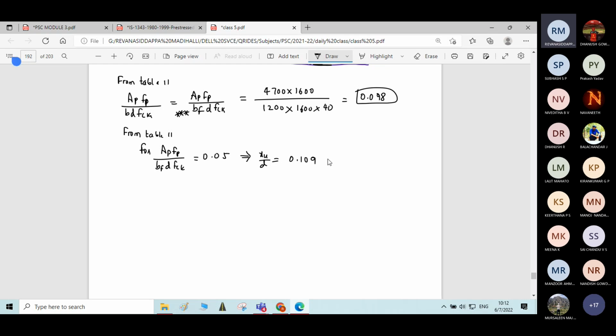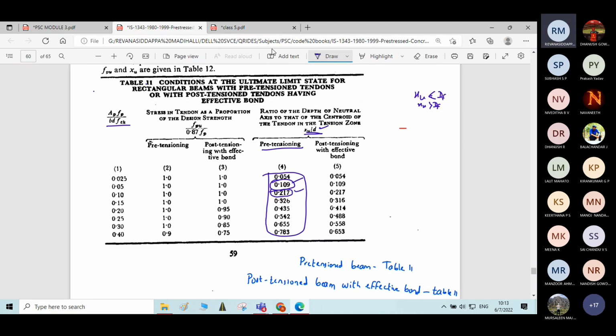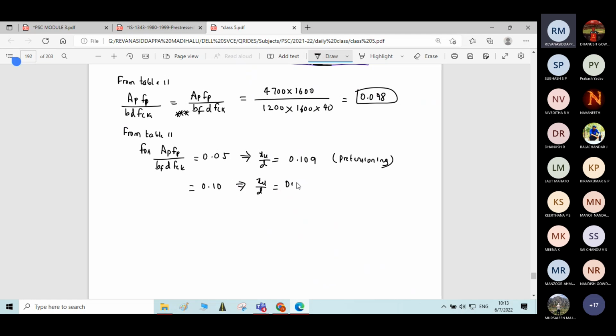You need to refer to the pre-tensioning column. Similarly, for 0.10, the corresponding xu by d is equal to 0.217. Then we need the value for 0.098.